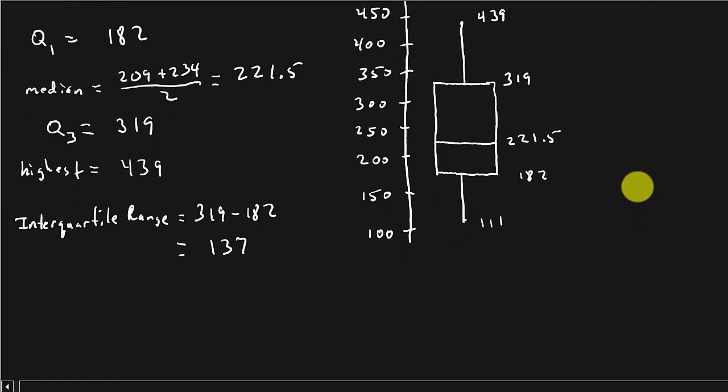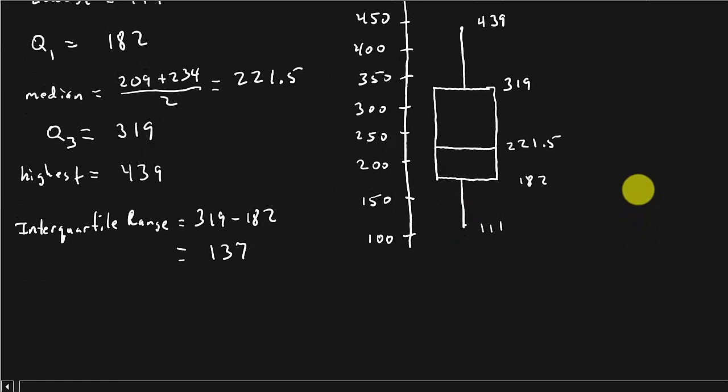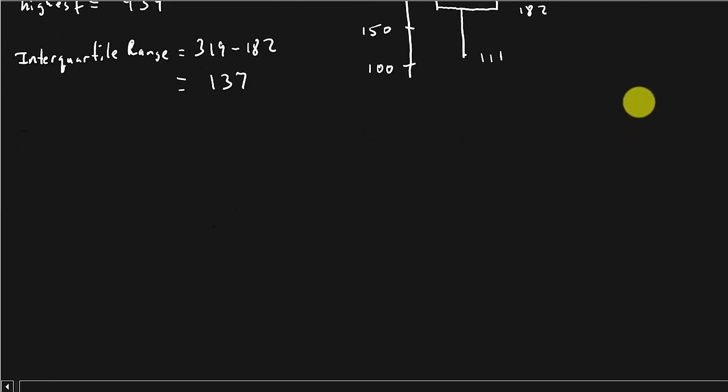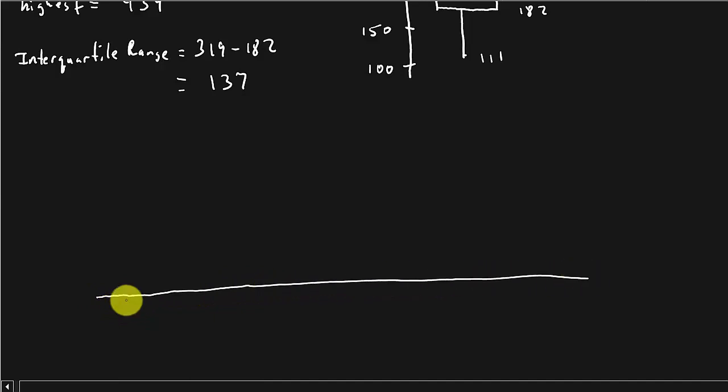Now let me say this: I drew this vertical. I know some textbooks will draw it horizontal, and you can do that. You can draw your box and whisker plot horizontal. We can start here at 100, 150, 200, 250, 300, 350, 400, and 450.